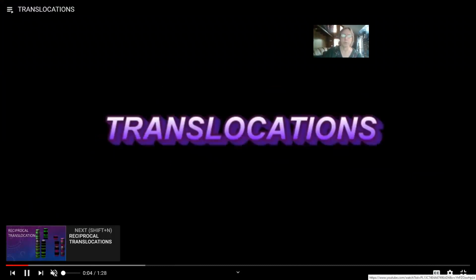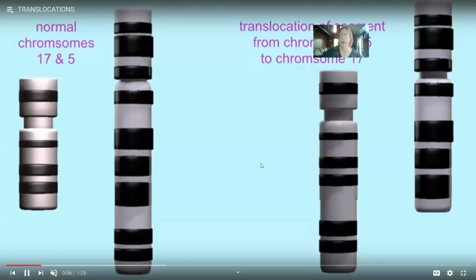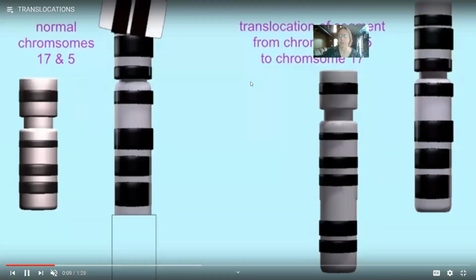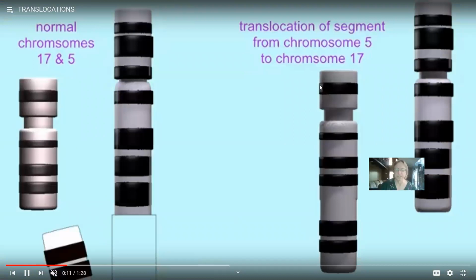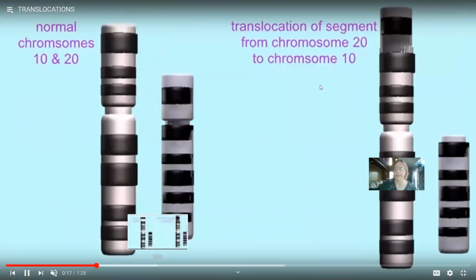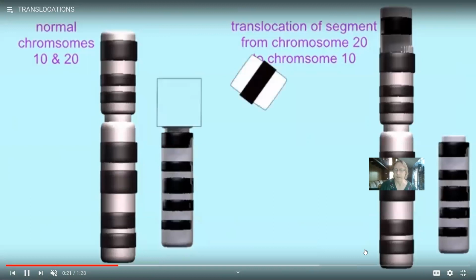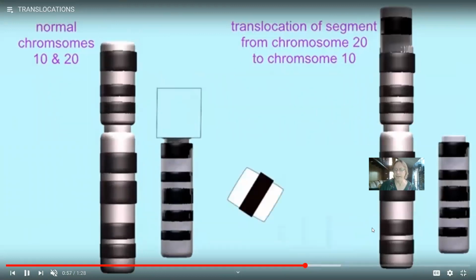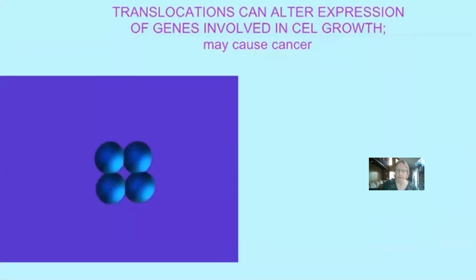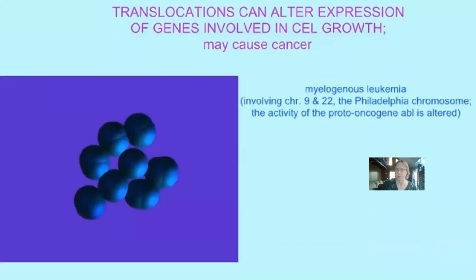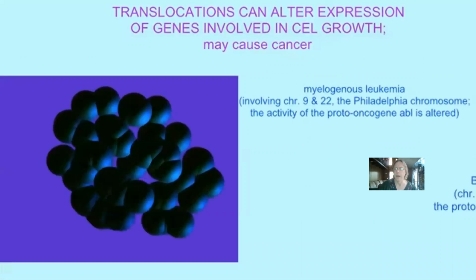Translocations are when genes from one portion of one chromosome break and are then attached to a different non-homologous chromosome. It can be what's called a reciprocal translocation if each transmits something to the other. So part of chromosome 5 goes to 20, part of chromosome 20 goes to 5.